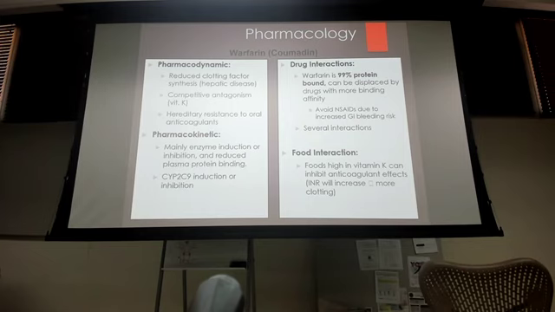So if foods are very high in vitamin K, like your green leafies, it could reduce your INR. Just keep in mind that anything that's going to increase your vitamin K is going to decrease warfarin's action. But you'll see that in changes with the INR.